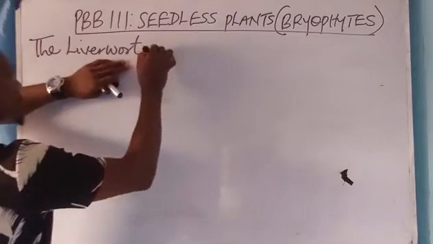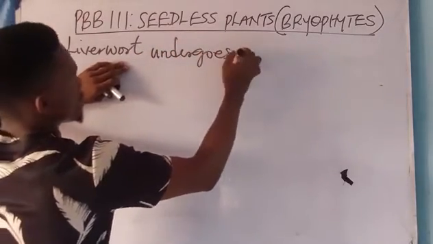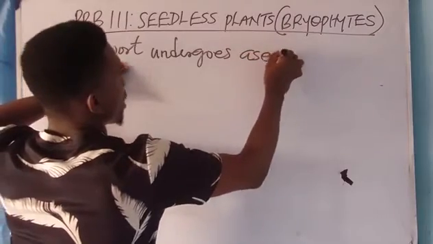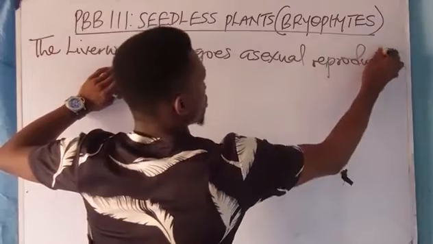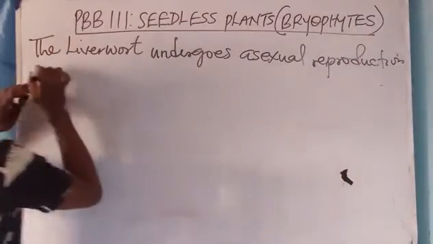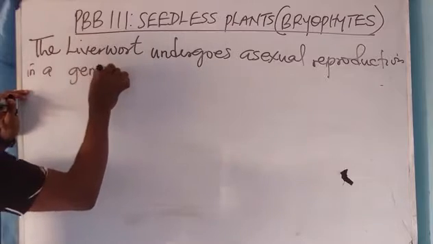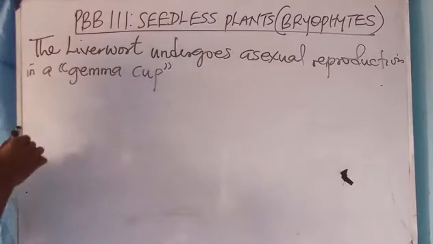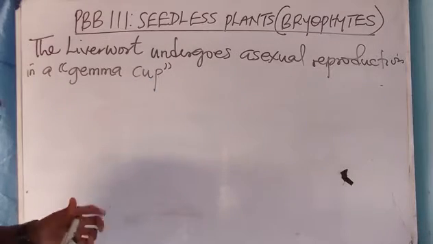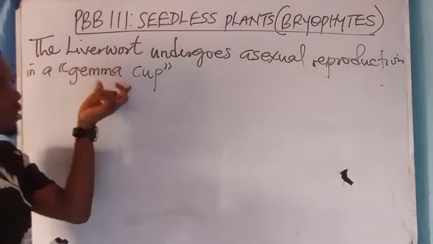The liverworts undergo asexual reproduction. They undergo asexual reproduction in a germ cup. Please take note of this. This asexual mode of reproduction that they possess occurs inside the germ cup.